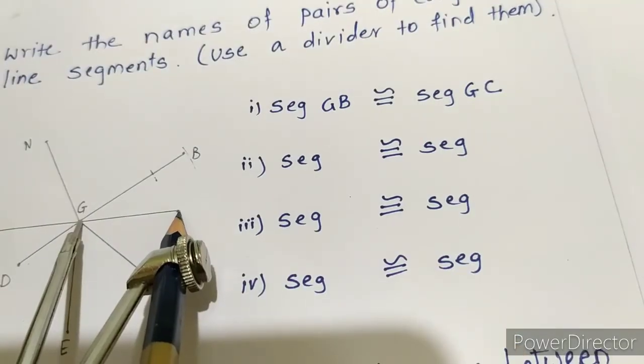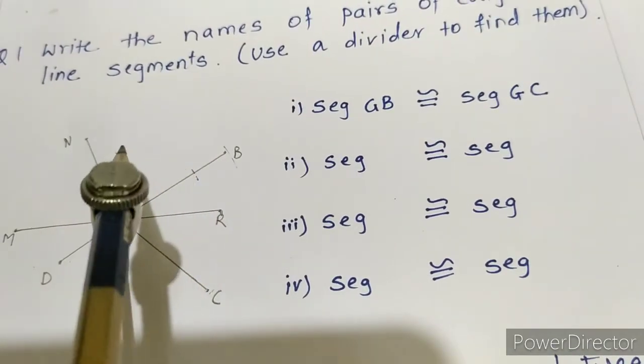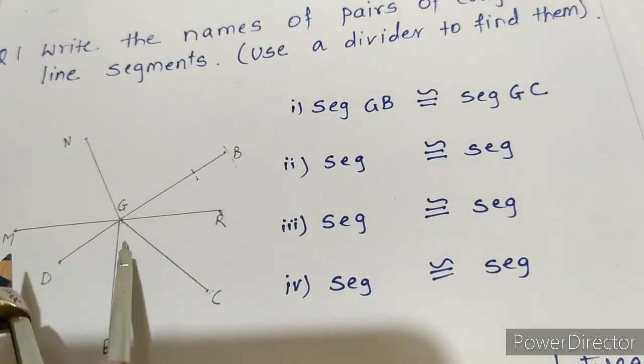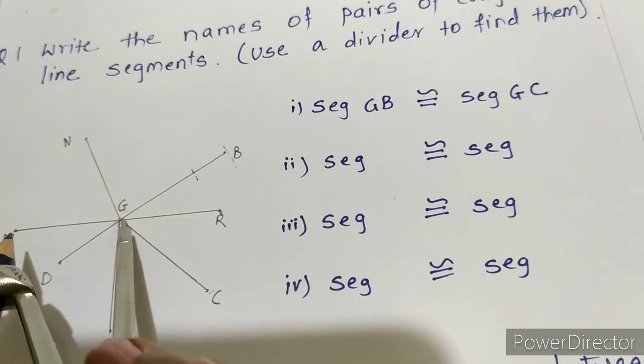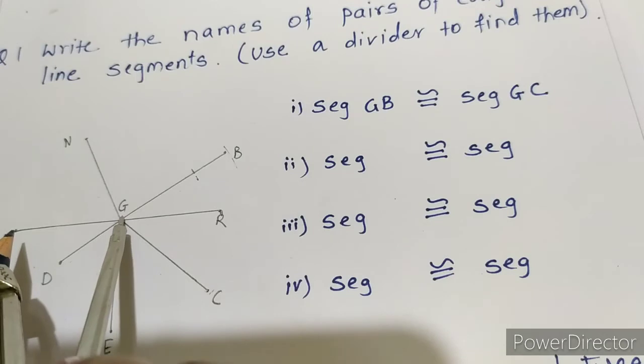Measure here GR. Now the same we can place on point M. GM we will measure. It is exactly same as GR.